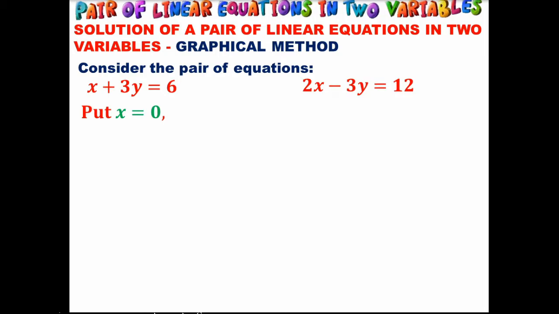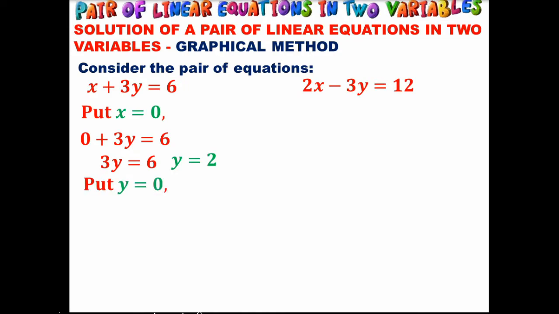Okay, now we'll consider the first equation. Let me substitute x equals 0 so that the equation becomes 0 plus 3y equals 6. So that gives me 3y equals 6. That gives y equals 2. So when I substitute x equals 0, I got y equals 2. So the first point is (0, 2). Right?